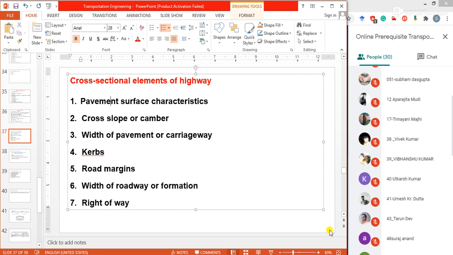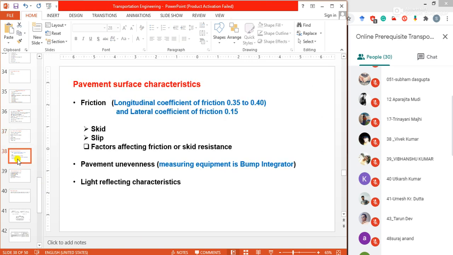So the important surface characteristics of the pavement are the friction, unevenness, light reflecting characteristics, and drainage of surface water. Friction is important in pavement surface characteristics.